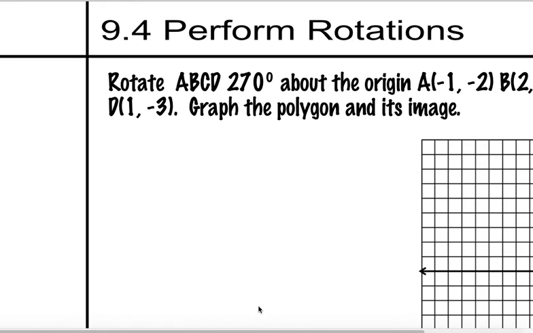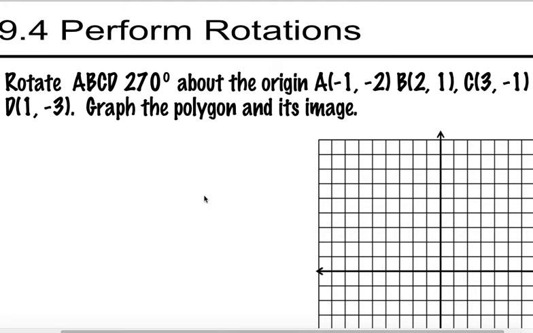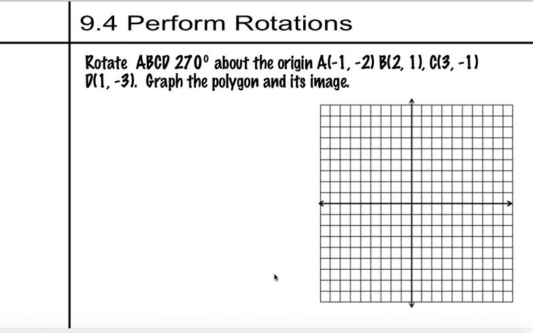Then on the next page, it says to rotate ABCD 270 degrees about the origin. And then they gave us the coordinates. They want the polygon and the image again.